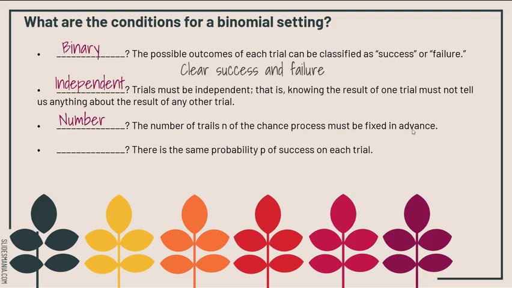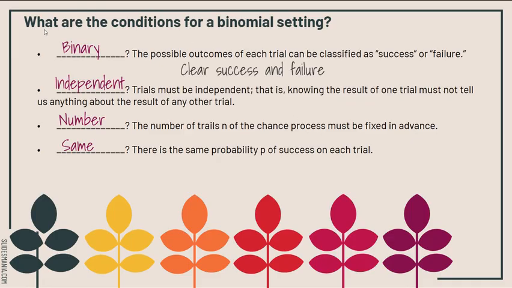So rolling the die 20 times. As long as that is set in stone in the very beginning, that's what you want. And then there's the same probability P of success in each trial. So the probability of rolling an even would be 1 out of 6. No, 3 out of 6, which is 1/2.